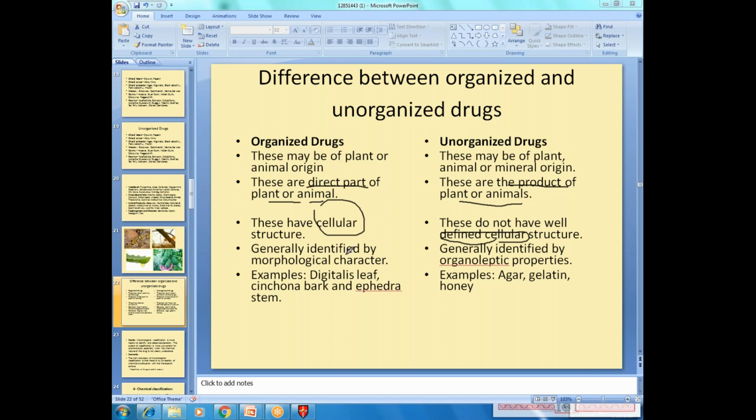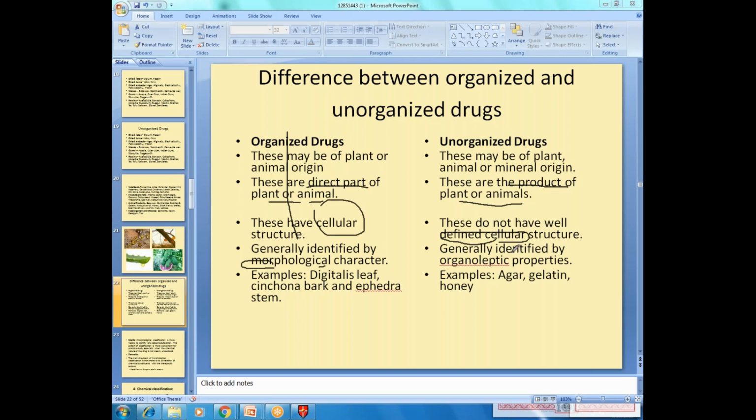Third, organized drugs can be identified morphologically and microscopically. Since they have a definite cellular structure, it is better to write microscopically. Organized drugs can be identified microscopically because they have a systematic cell structure, whereas unorganized drugs cannot be identified by microscopy. They have to be identified either by organoleptic or chemical identification tests.